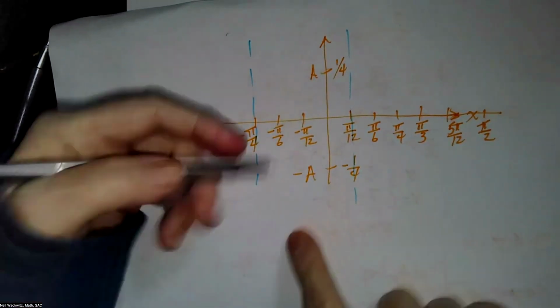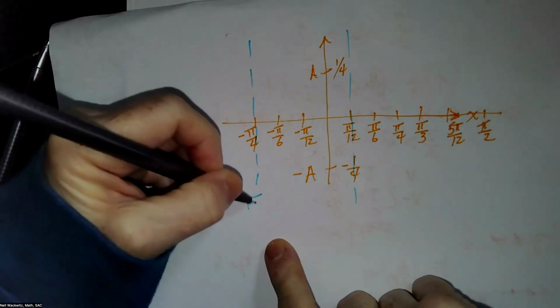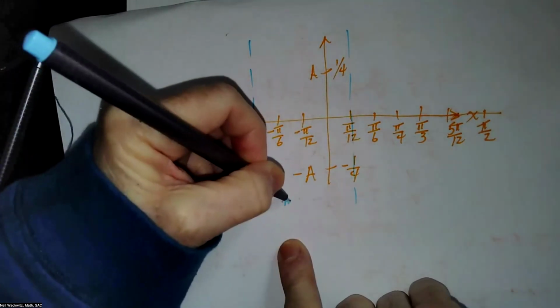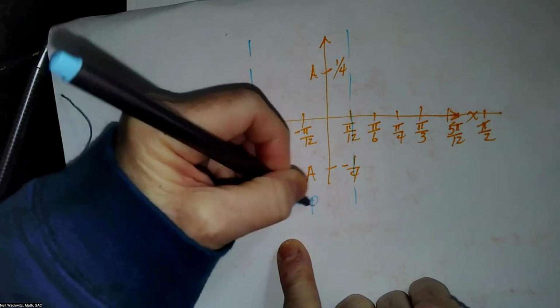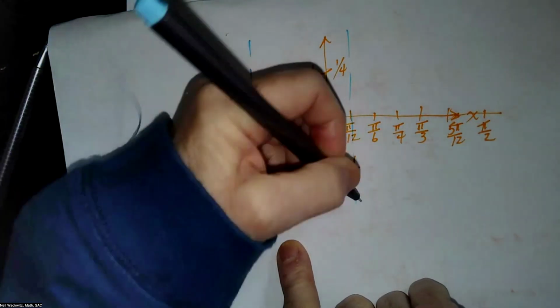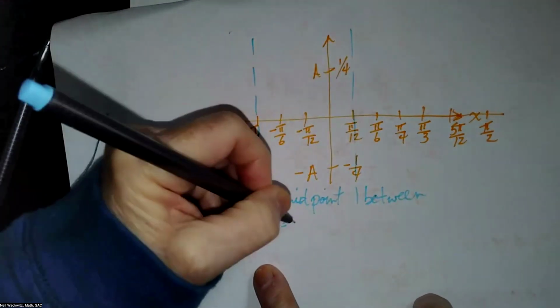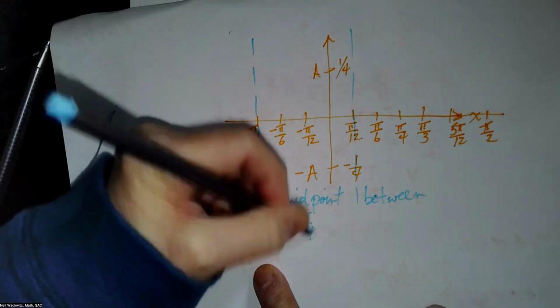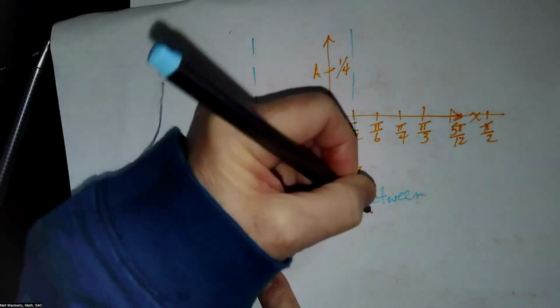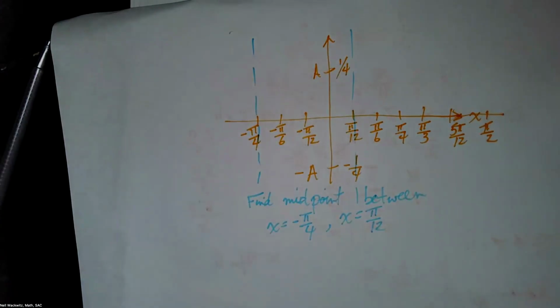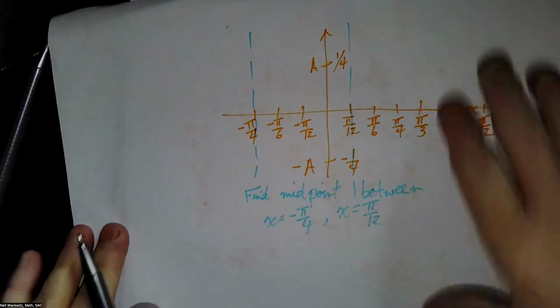So to find the midpoint between the x values, negative pi over 4 and pi over 12, we're going to add and divide by 2, or multiply by 1/2.